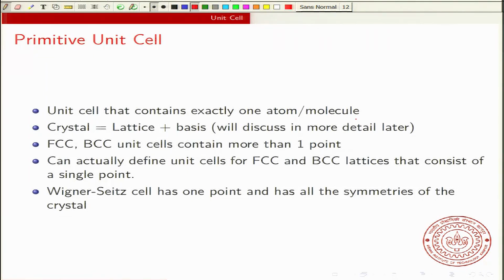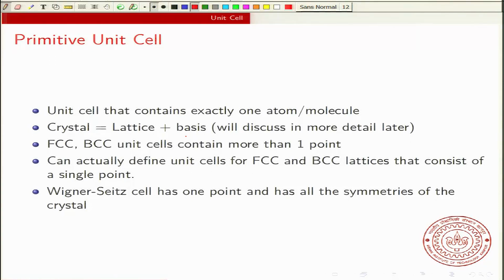I have gone a little ahead of what we are discussing now, in the sense that we should keep in mind that when we refer to a crystal, it is composed of both a lattice and a basis. We will come to this a little later, but let us just go ahead with this unit cell.